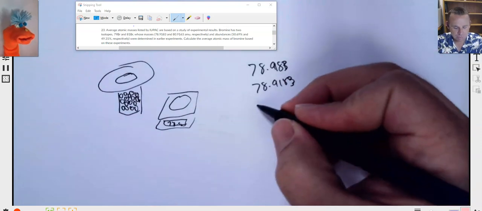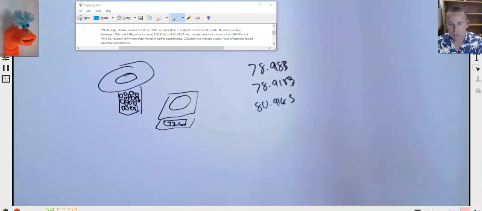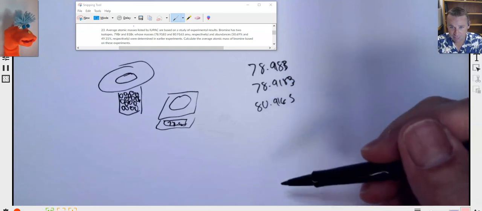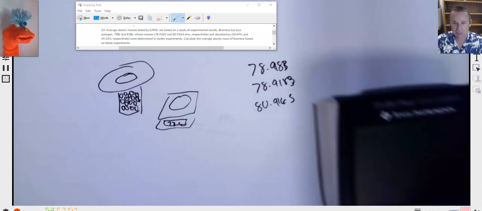The next one, it's 80.9163. Okay, so I keep pulling these out over and over, and I get a list of their different masses. And then if I want the average, how do I find the average? You add all those up and divide by how many you have. That's right. That's how I find the average.